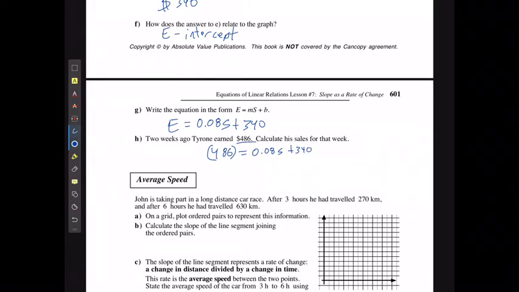First, I'm going to need to subtract 340 from both sides, and I'm going to say that 146 is equal to 0.08 S, and then I'm going to divide both sides by 0.08, and I find that S is going to be 1825. So his sales were $1,825.